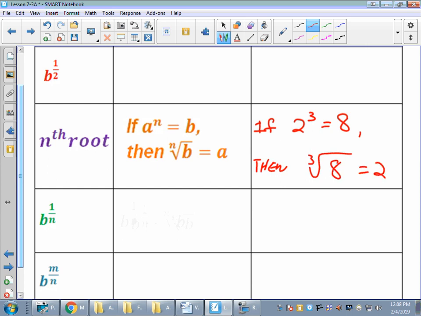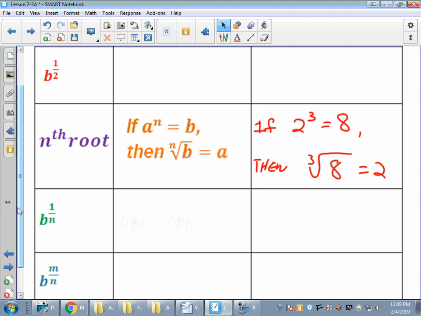So all that's saying is basically the power, the 3 here, goes into where the root symbol is, down here on the radical, and then the 8, which was your answer for the first part of the if, becomes the number under the root, and then you've got equal to 2. So you can see how they are a little changed, bouncing from one way to the other. So you can go from powers to roots back and forth if you get that idea.